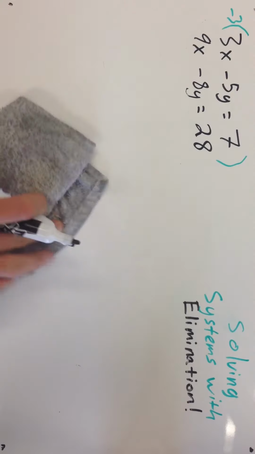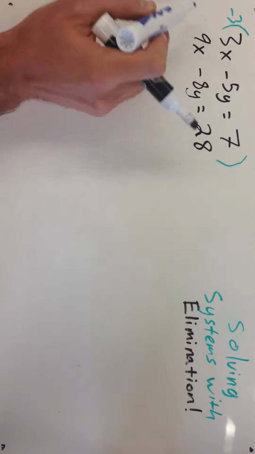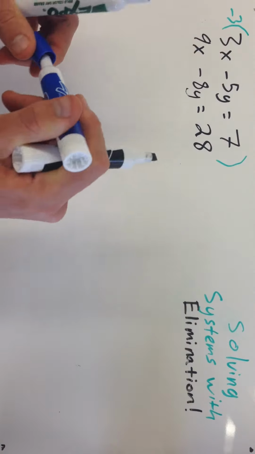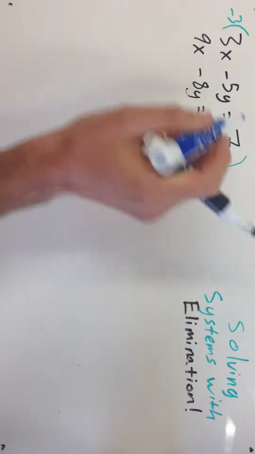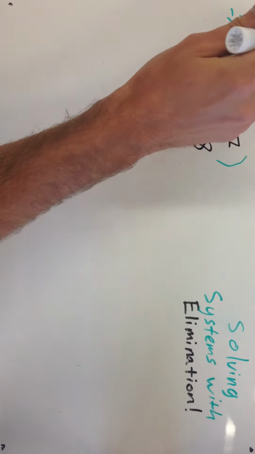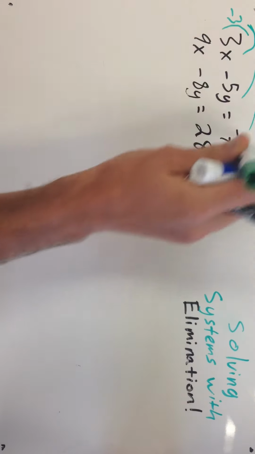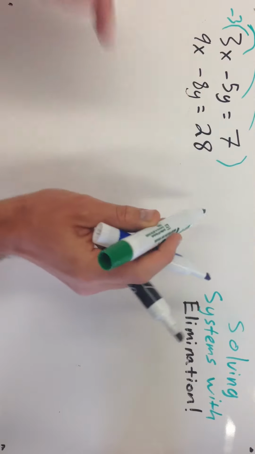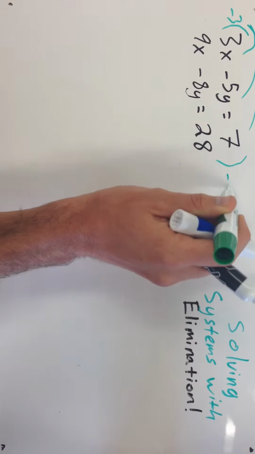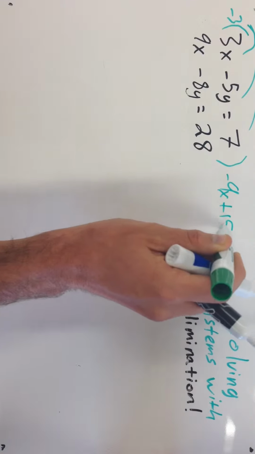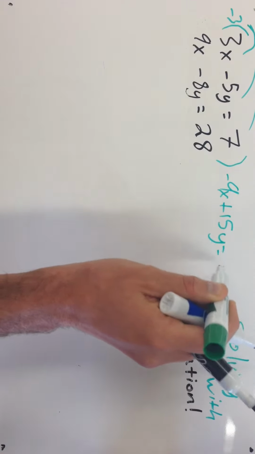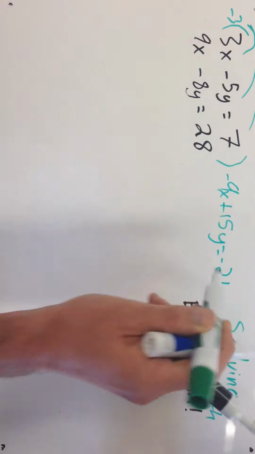So watch what happens when I do this. This top equation, after I multiply it, I'm going to write the new one in green, sure. When I distribute that negative 3, and I have to do it to each one of the terms, I'm going to get negative 9x plus 15y equals negative 21.